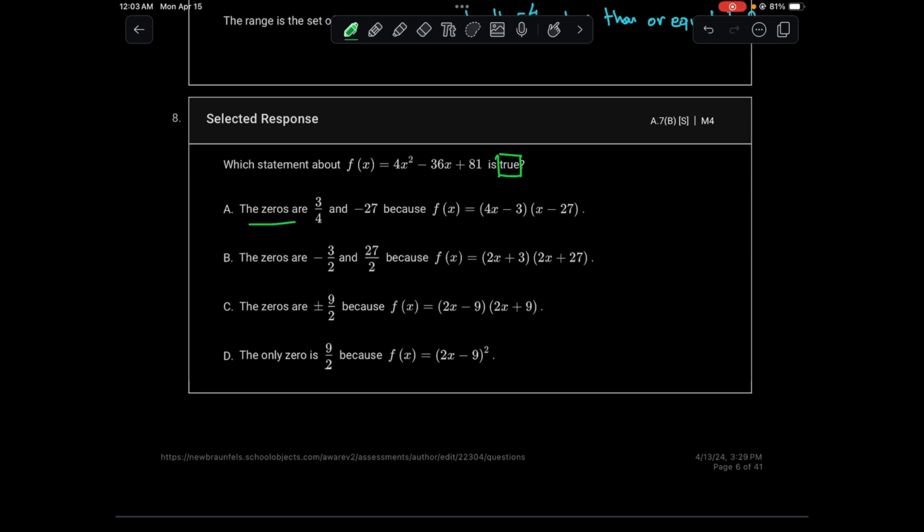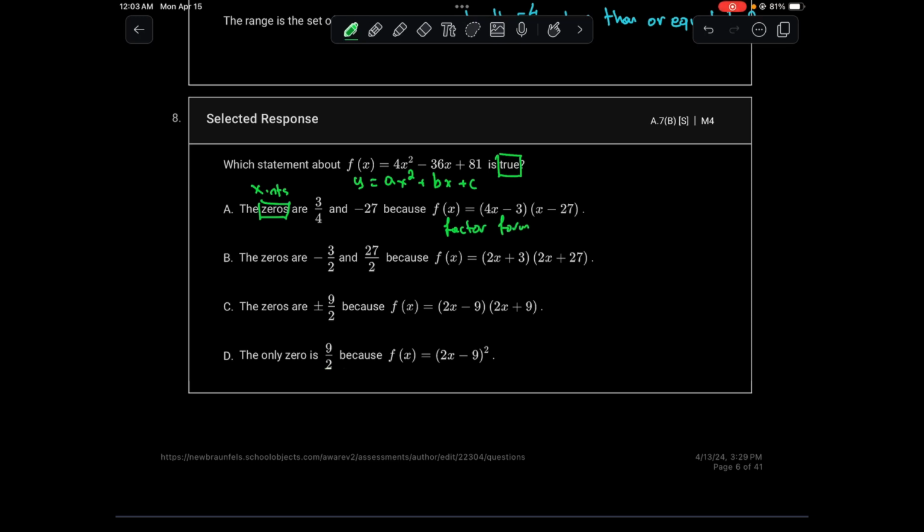The zeros, what are those zeros? Those are the x-intercepts, are this and that, because this is equal to that. So it kind of factors it. It takes this function, which is in the standard form, and it factors it, and it writes the factor form here.